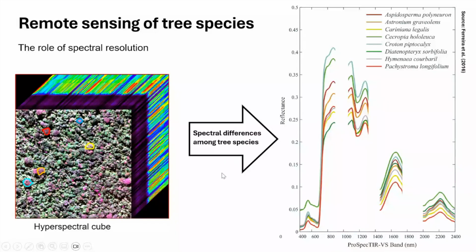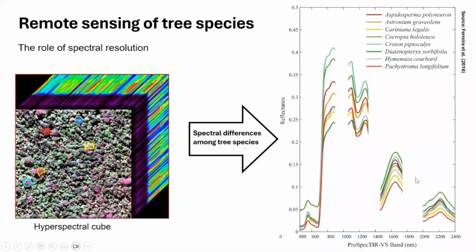This type of sensor can collect spectral images over the electromagnetic spectrum, and it acquires hundreds of narrow spectral bands. And once we have identified the pixels that represent certain tree species, we can extract these pixels and extract the spectral response of the tree species.